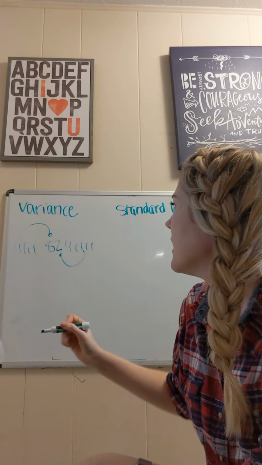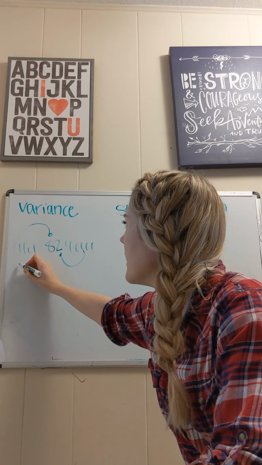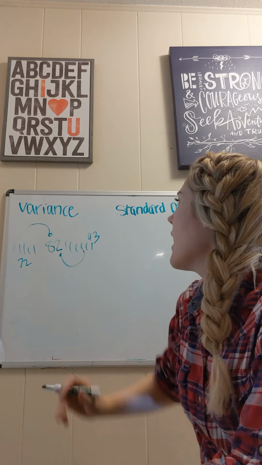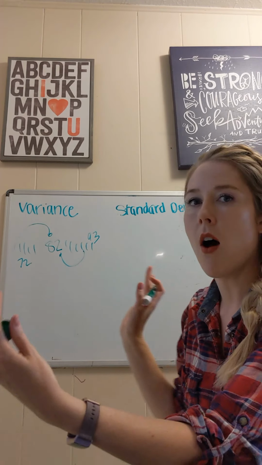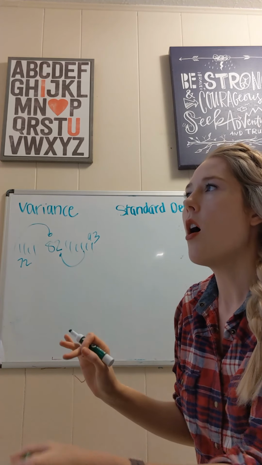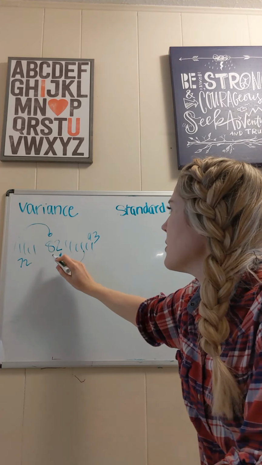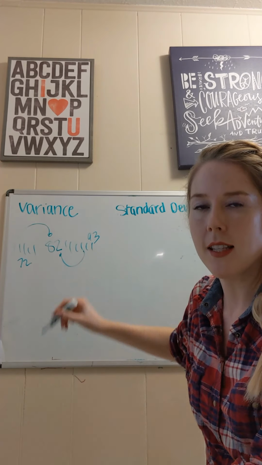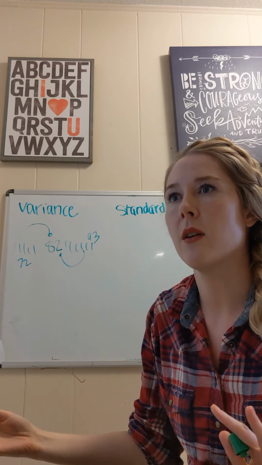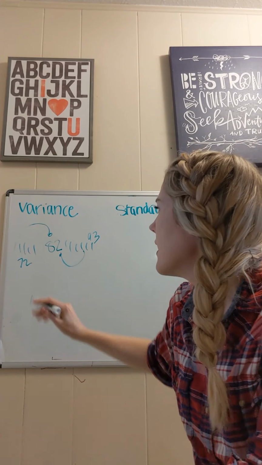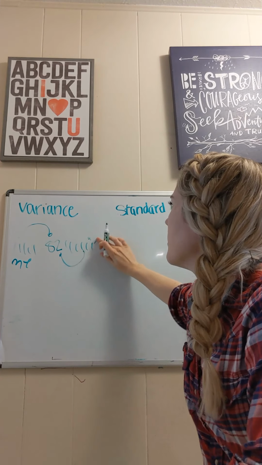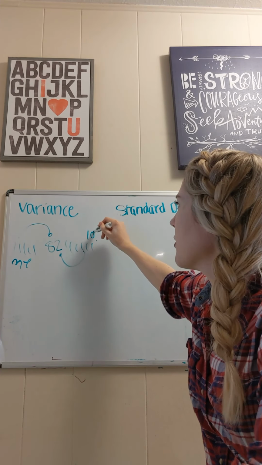For example, the lowest could be 72 and the highest 93. That would show very small variability, meaning there wasn't a very big difference between the mean and the other test scores, if that makes sense. If you have a large variability or large variance, let's say this score is 36 and this one is, let's say there's extra credit, 103.